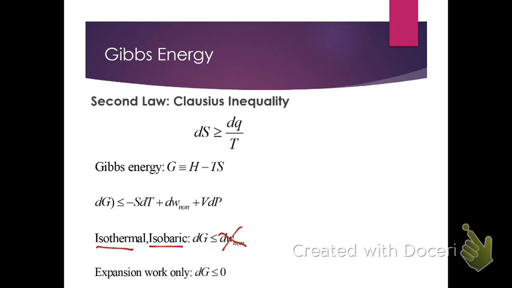This is derived based on the second law of thermodynamics. So delta G being less than 0 is an indication of spontaneity under conditions, and I can't emphasize this enough, of constant temperature and constant pressure.